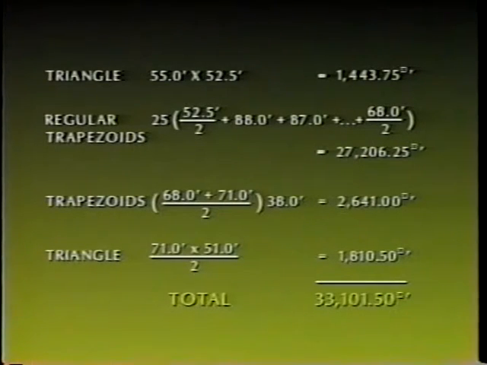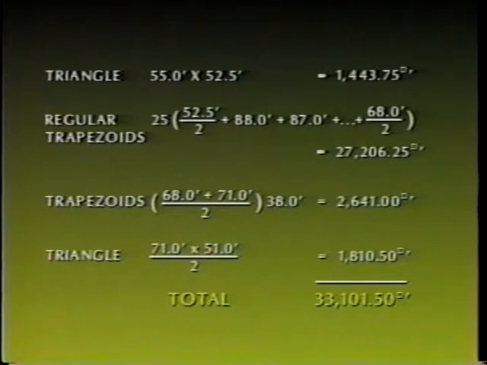We have one triangle with 1,443.75 square feet, and the regular trapezoids, where using the formula, we have 25 times the quantity 52.5 over 2 plus 88 plus 87 and on, and ending with 68 feet over 2, end of parentheses.